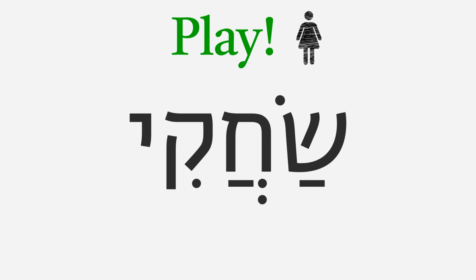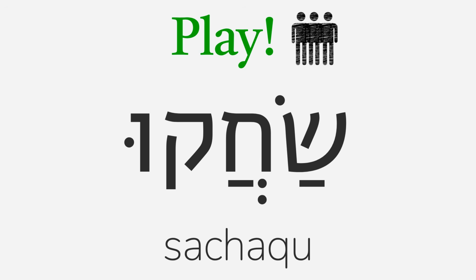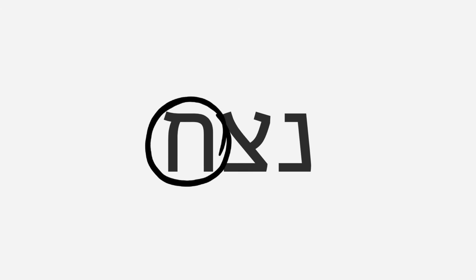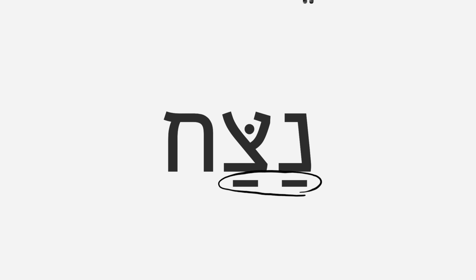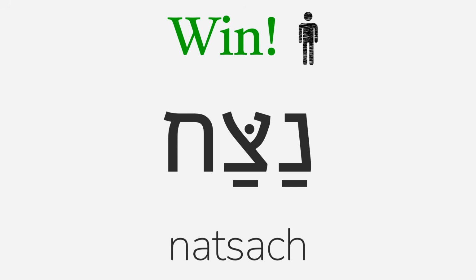That makes the command sachaki, play, commanding a woman. The same with the masculine plural command with the u ending. Sachaku, play, commanding a masculine plural group. If the last letter of a root is ein or chet, both vowels in the masculine singular command will be patachs, as in the command natsach, win, commanding a man.